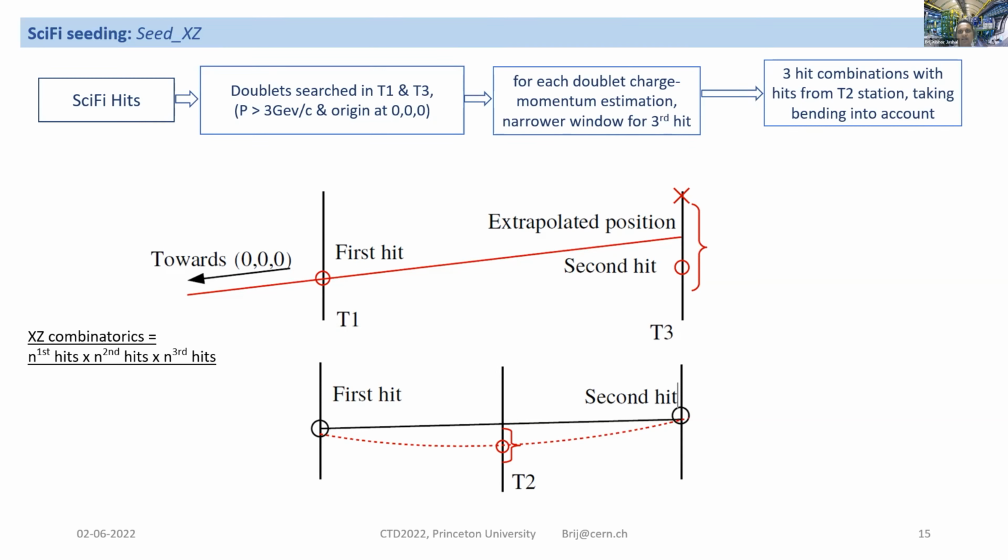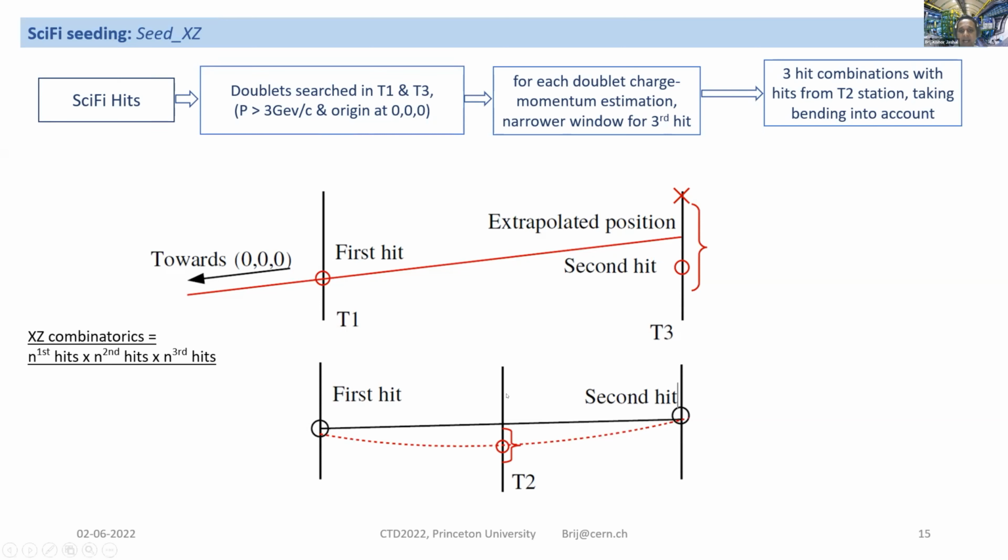And for each doublet, we already have now the charge and momentum estimation, which allows us to narrow the window in the third layer for the third hit. And these 3-hit combinations are created taking the bending into account, which is calculated using the parameterization.